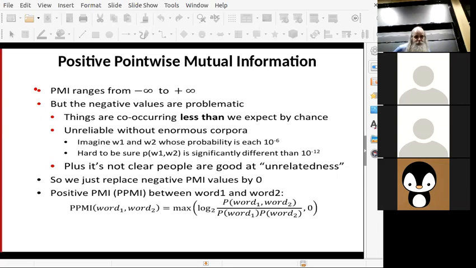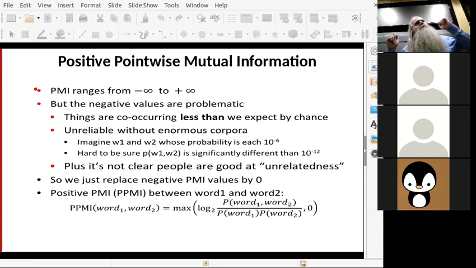Now, PMI actually is going to range between -infinity and infinity, okay? But the negative values are a little weird, okay? And what we'd be saying is that their co-occurrence is less than we expected them to be by chance. So it's almost as if, it's sort of hard to describe.